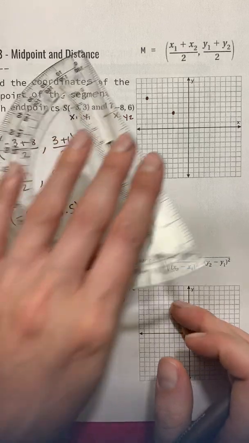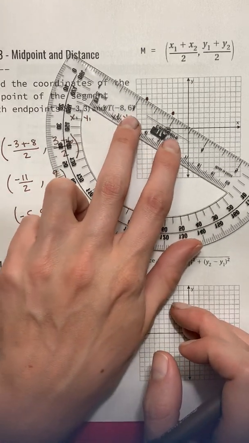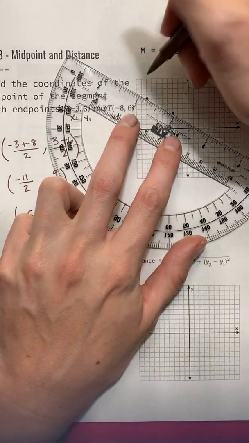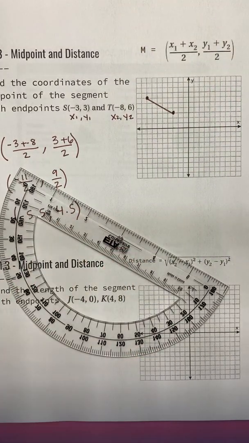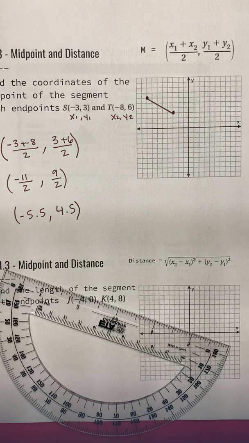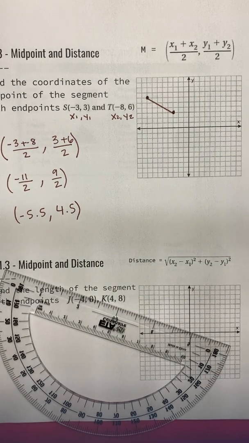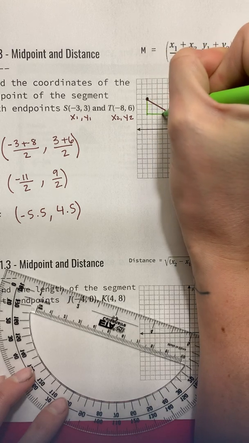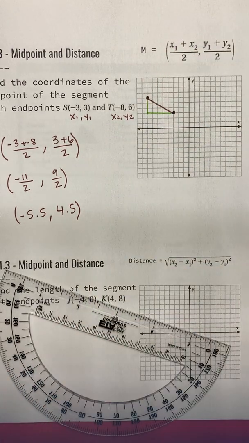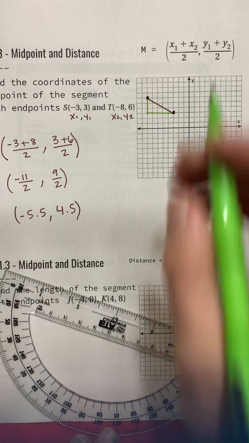The thing with doing it like this is you want it to be accurate, so we need to make sure that our lines are nice and straight. Okay. All right, and then from here, I'm going to make a right triangle. Okay, and then I'm going to count.